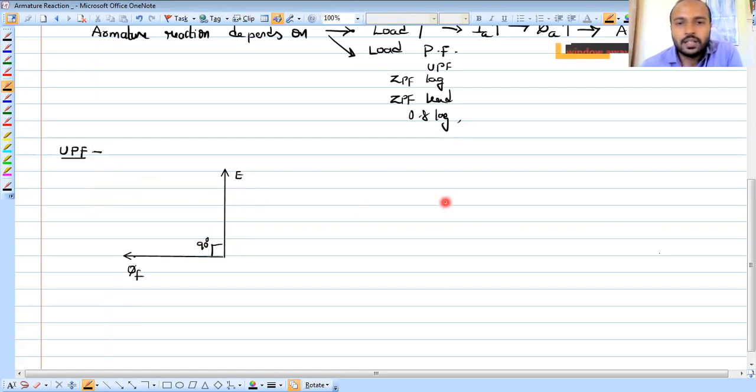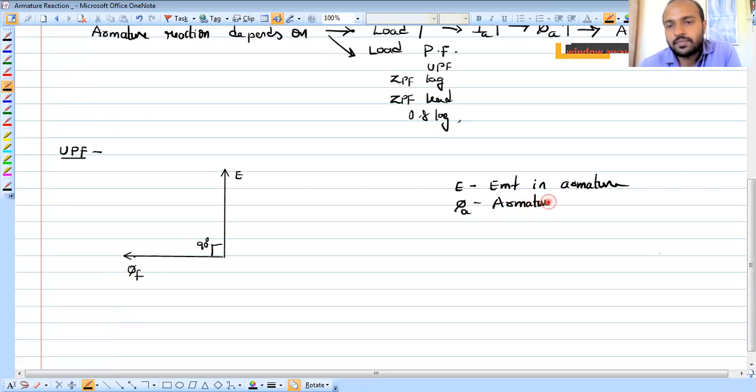Where E is the EMF induced in the armature, and phi A is the armature flux. E is proportional to the terminal voltage, and phi A is proportional to the armature current, isn't it?